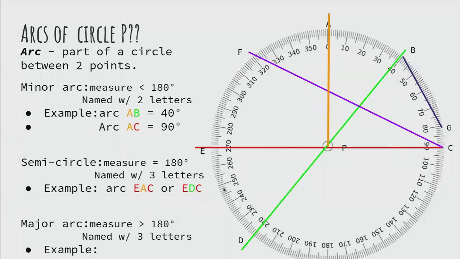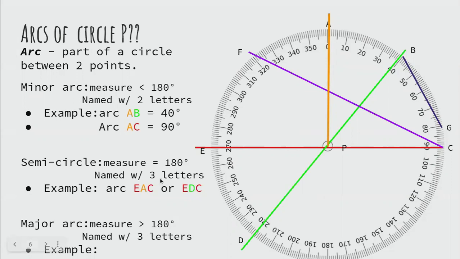I am probably going to use the point C and end at point B. If the measure of the minor arc plus the measure of the major arc equals 360 degrees, then we should be able to figure out the measure of the major arc.